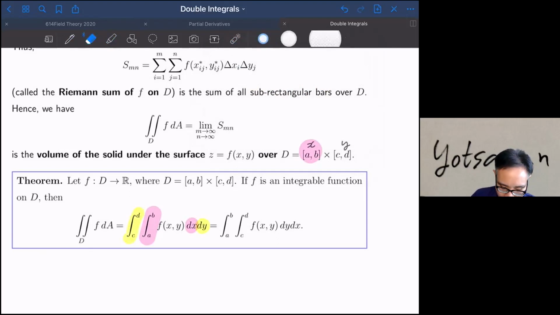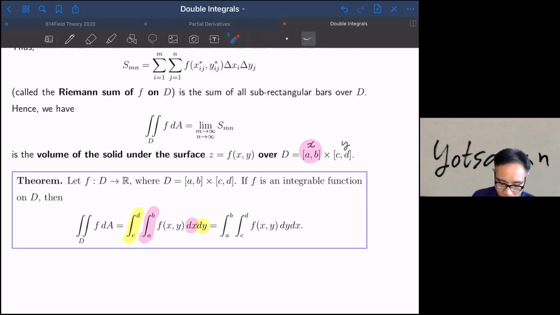So it's going to be the integral from a to b of the function f(x,y), integrating with respect to x, which covers the variable x. And the second one will be the integral from c to d, with respect to y, which covers the variable y.